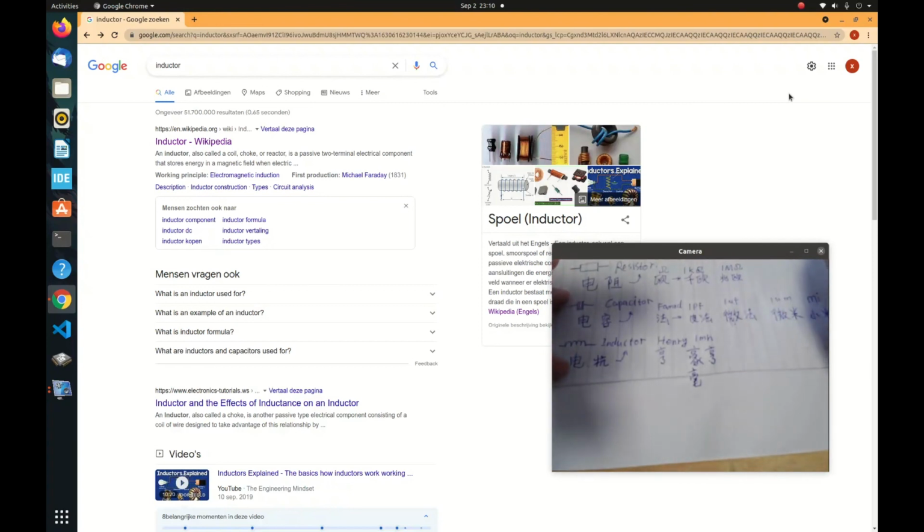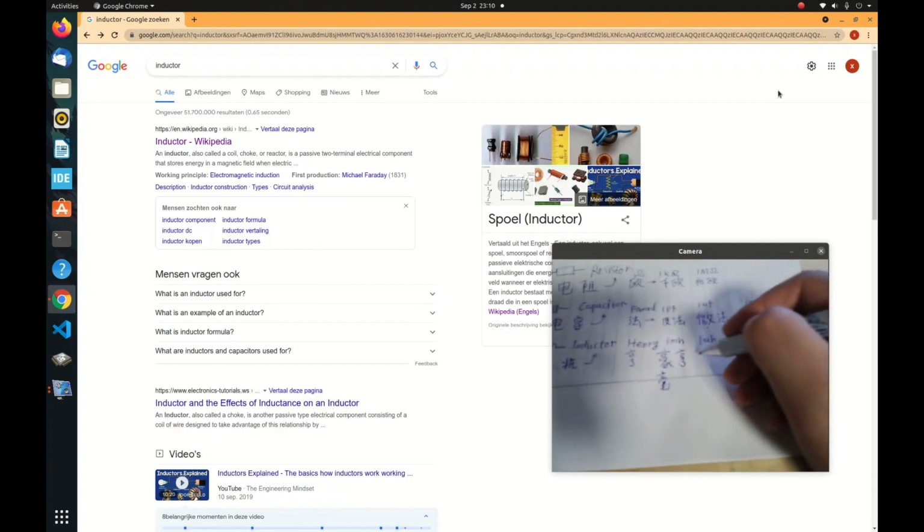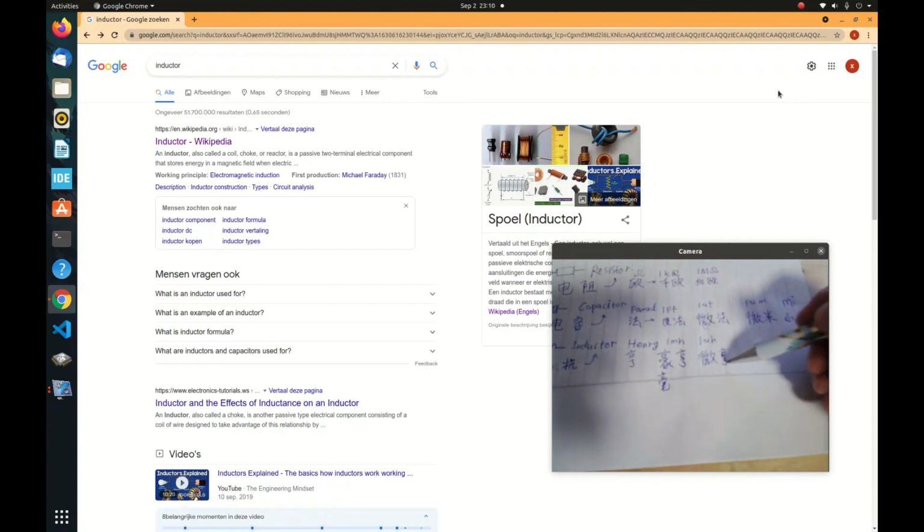And yeah, the same story for the 1 microhenry, so as you probably can already guess, here we can have the microhenry here.